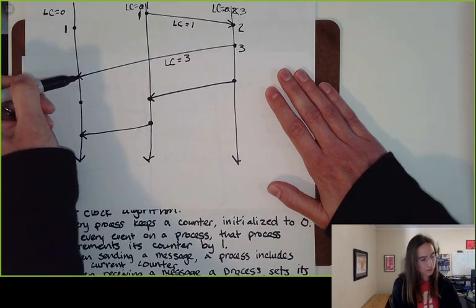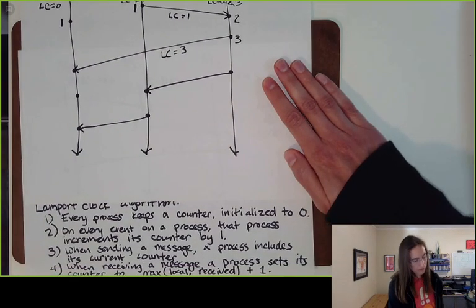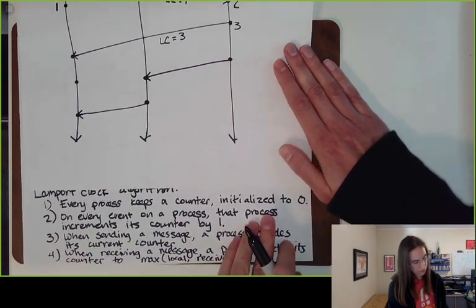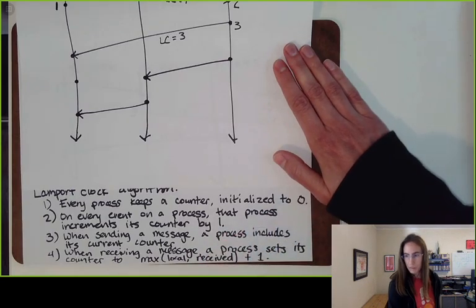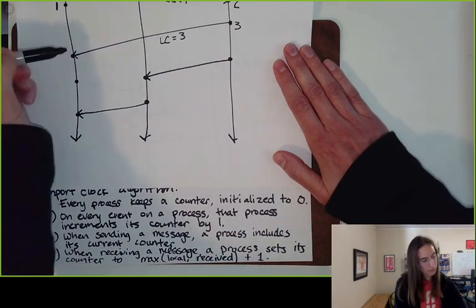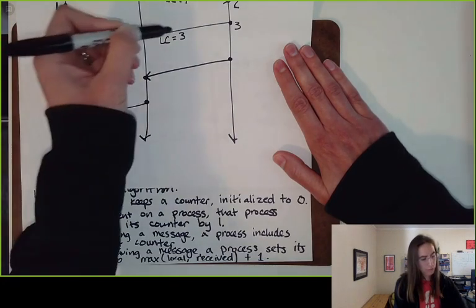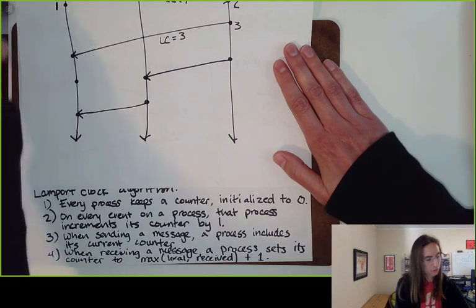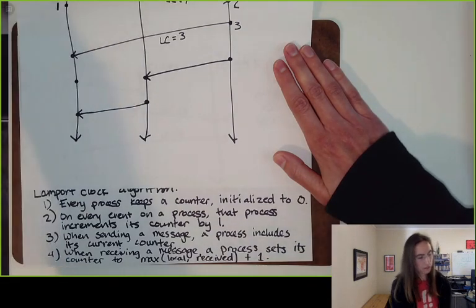Now we get to this event here. What's going to happen when machine 0 receives this message with a Lamport clock value of 3 and compares it to its own Lamport clock?